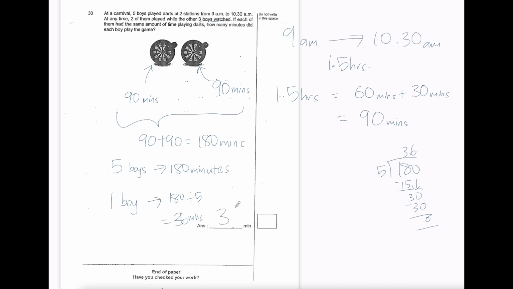That's it. My answer is 36. Okay? So we just have to find out how long the dartboards are operating, and we don't really need to know which boy played together with which boy or which boy was watching. Okay, we just need to do this because we just need to know the minutes.